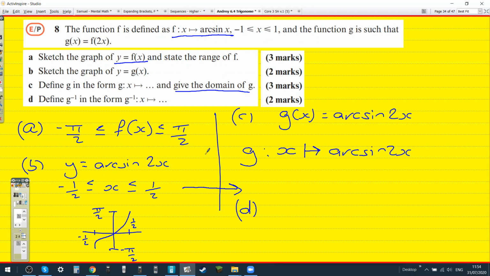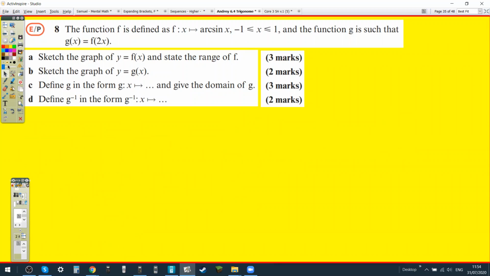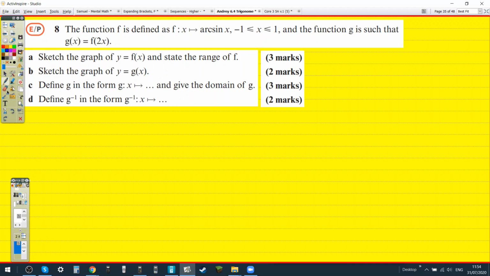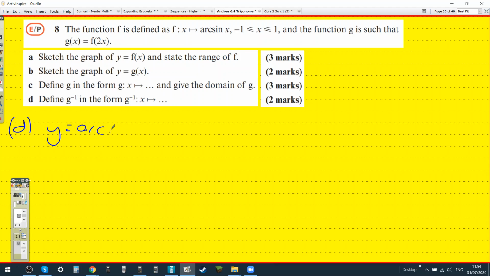So that's the inverse. Do I need to write the inverse of g of x? Yeah. So is that when I do y equals arcsine 2x, and then I swap the x's and the y's, and then I solve for y?